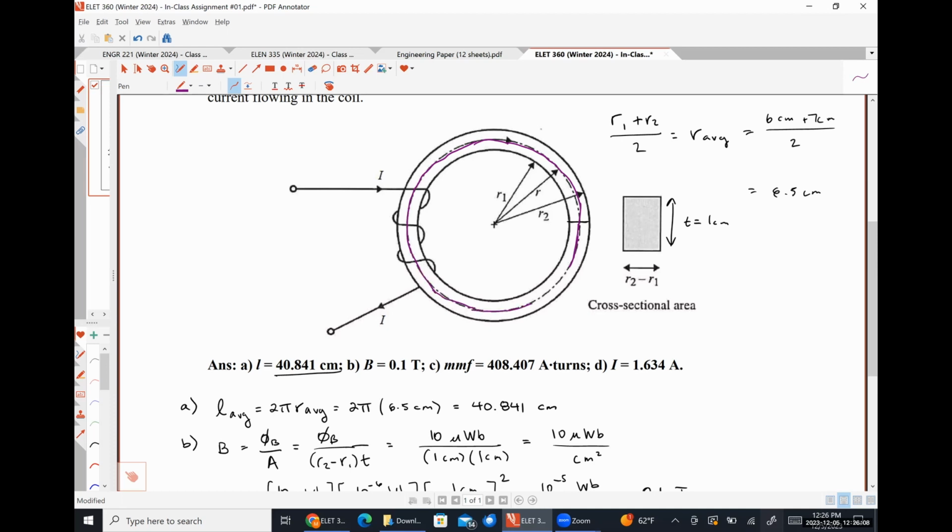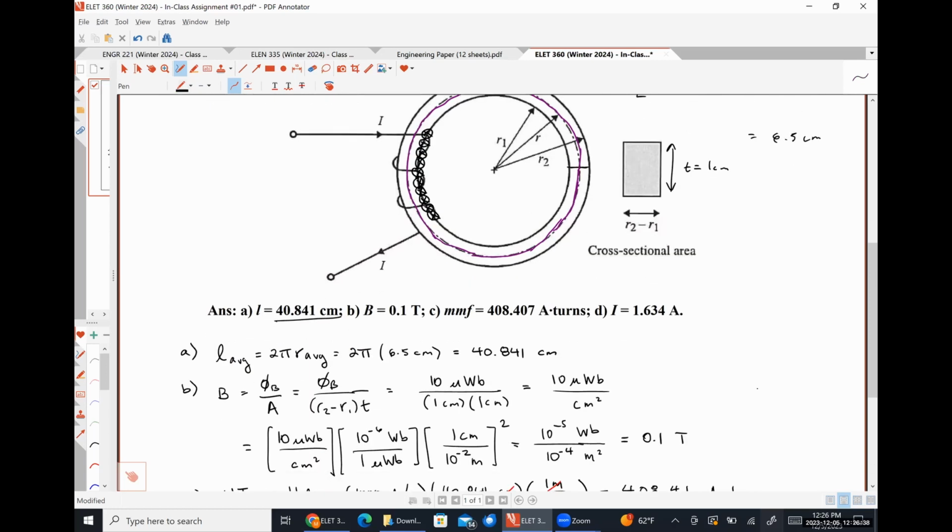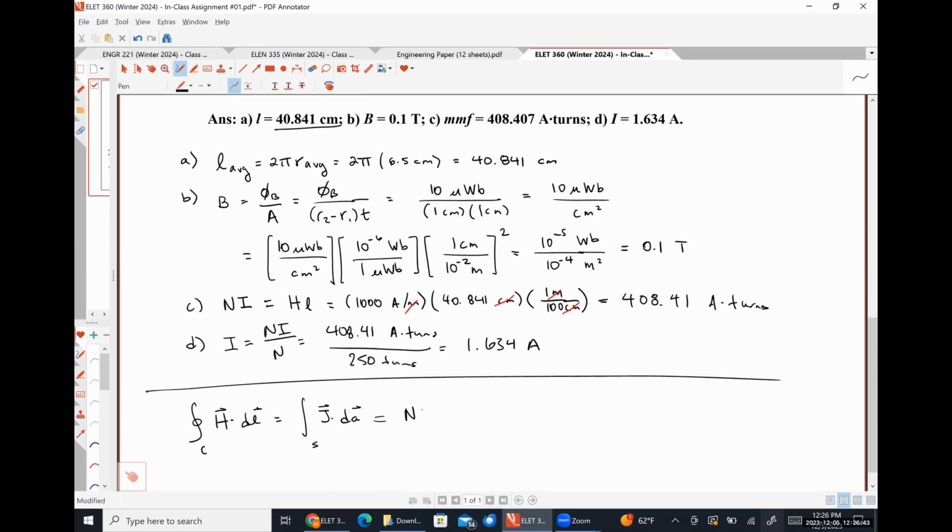It's somewhere in the middle of our core, and it encloses a whole lot of turns of our wire. So the total amount of current enclosed by this contour is just N, our number of turns, times I, the current being carried by each turn, right?